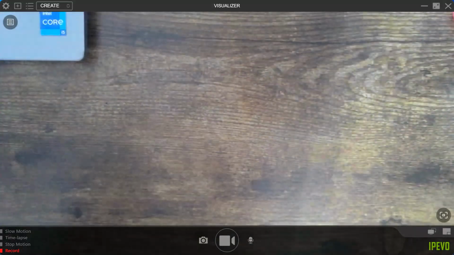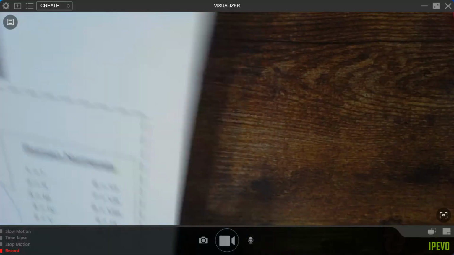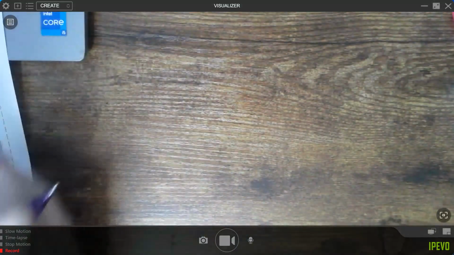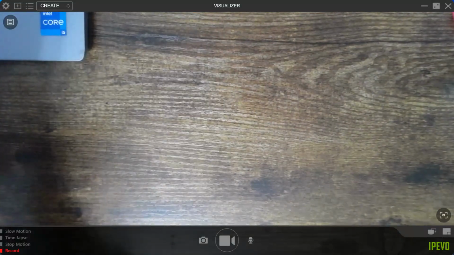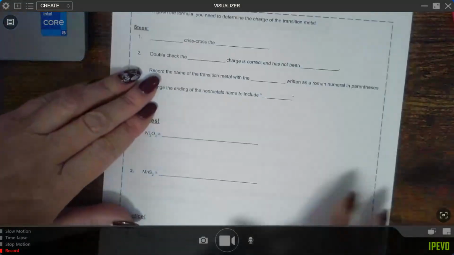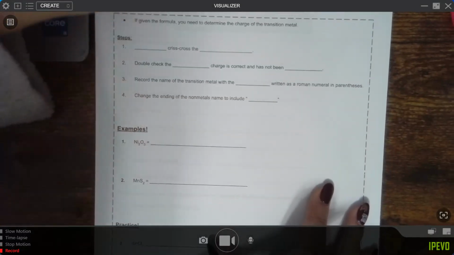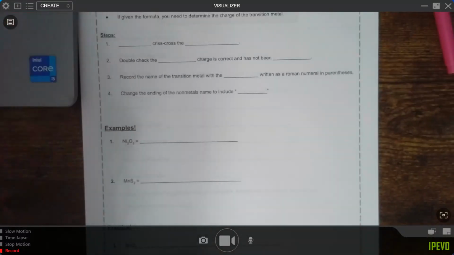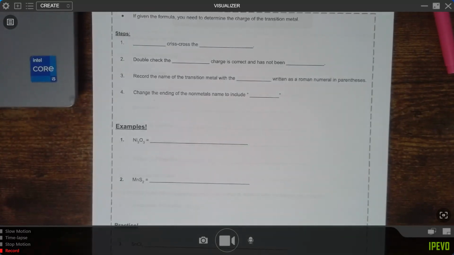All right, now the trickier part of this is if we're given the formula, we have to figure out the name.